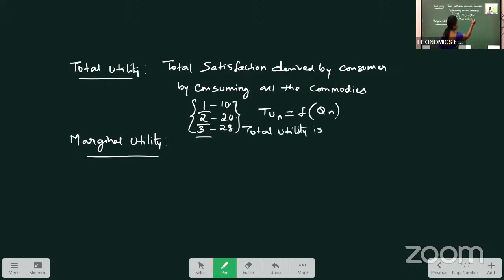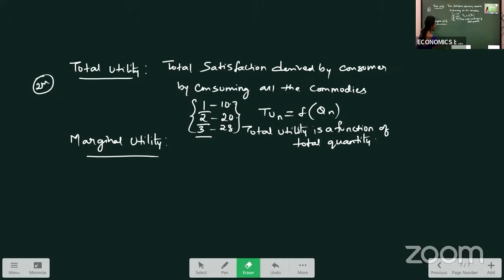Total utility is a function of total quantity. So this is how we write our 2 marks question again. These are all simple terms, you may get them for 2 marks. So this is total utility.